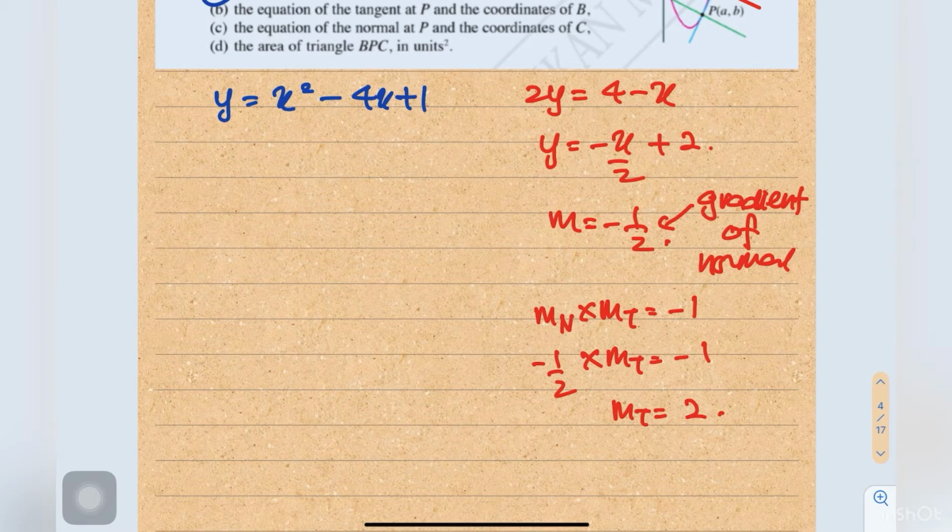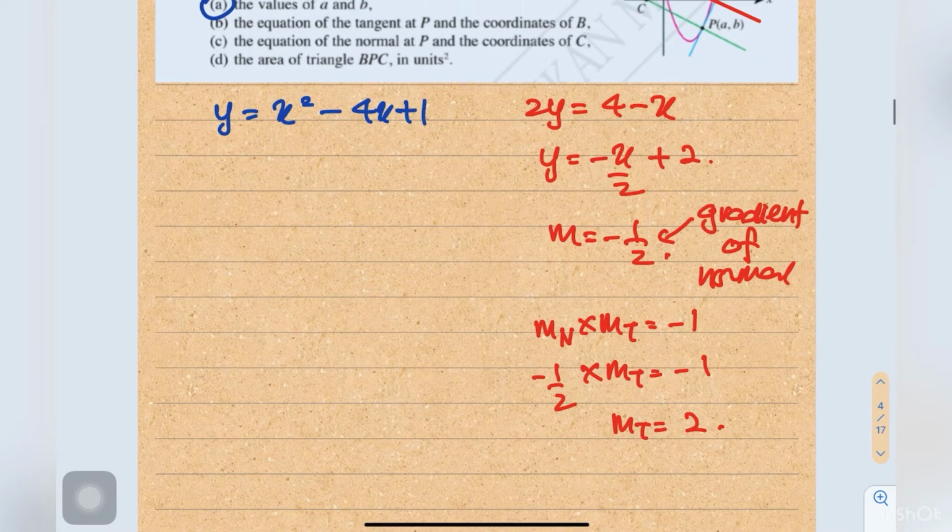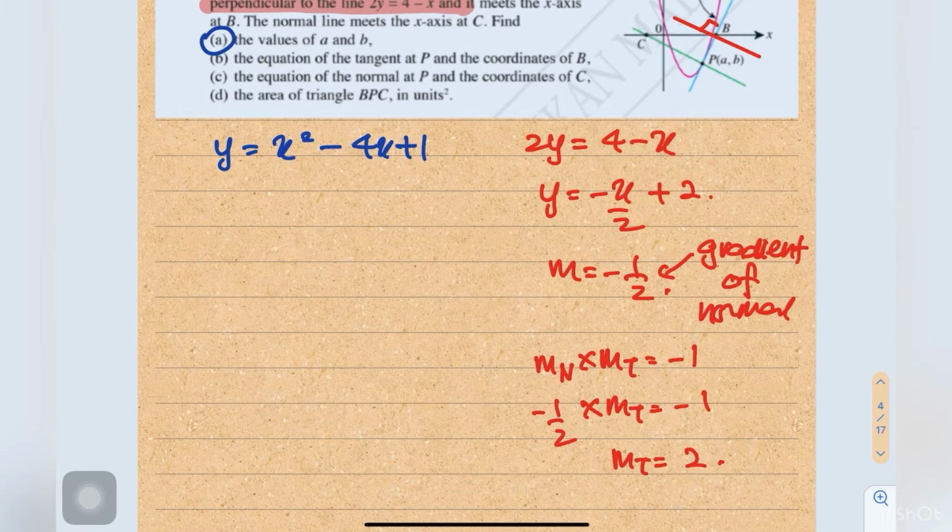We know that gradient of tangent is dy/dx. So we can find dy/dx from the equation y equals x squared minus 4x plus 1. So dy/dx equals 2x minus 4. And dy/dx is the gradient, which we already have, which equals 2.